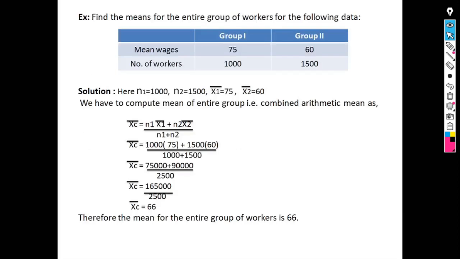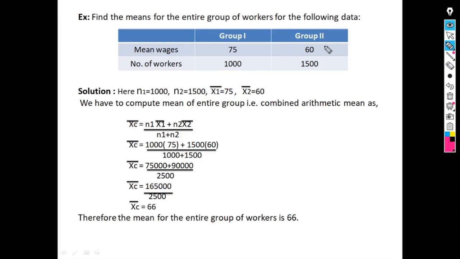For example, find the mean for the entire group of workers for the following data. Here two groups are given, group 1 and group 2, and mean wages for group 1 is 75 and group 2 is 60. Number of workers for group 1 is 1000 and for group 2 is 1500. So first we will write the given.